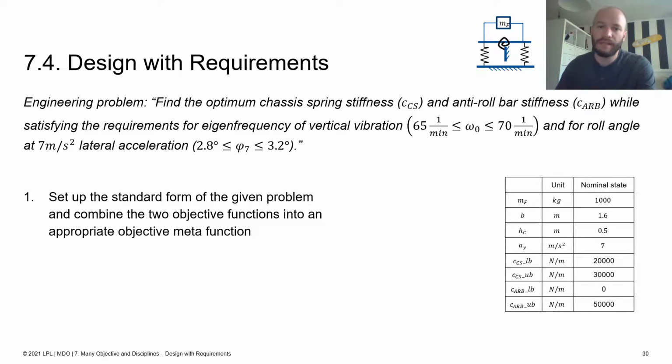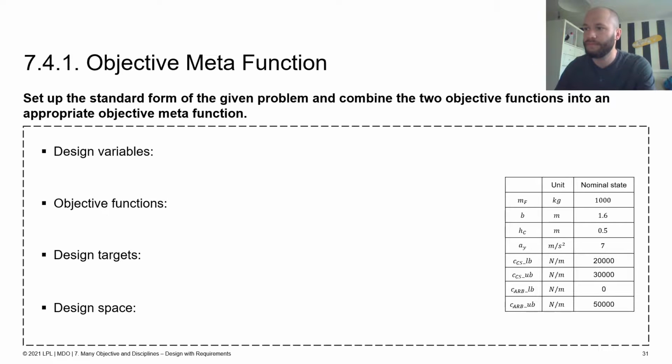Our first exercise is now to set up the standard form of the given optimization problem and combine the two objective functions, and that's also one task, into an appropriate objective meta function. So first of all, we need to write down all the ingredients needed for this.